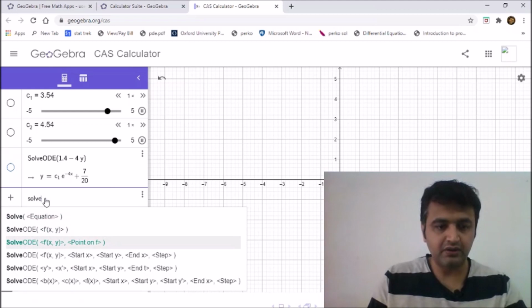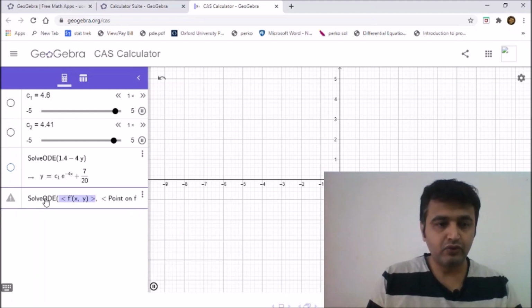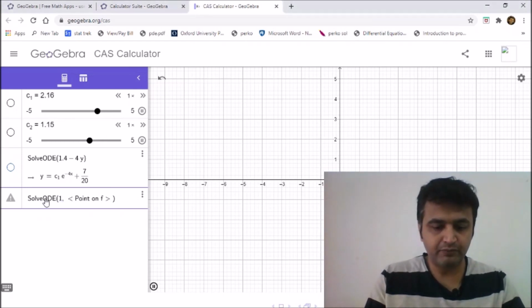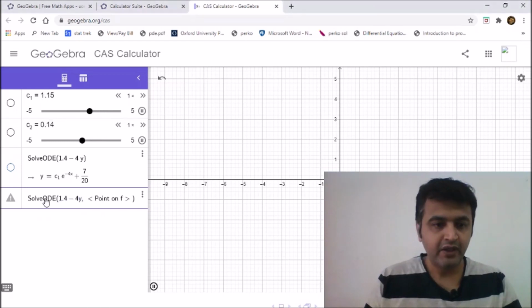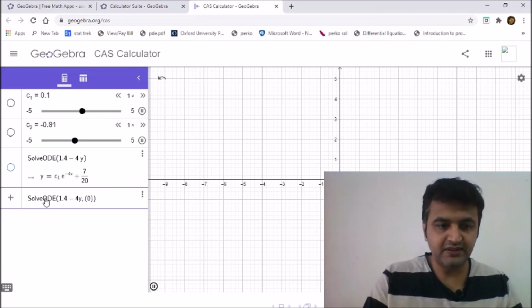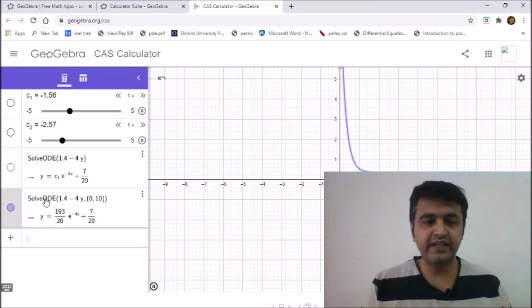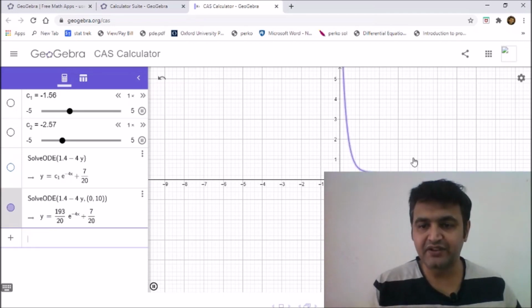If you see the third one, points on f. So you just type your f dash, which was 1.4 minus 4y, and what is the point? My point is 0 comma 10, meaning y of 0 was 10, and if I press enter, it will give me this specific curve.